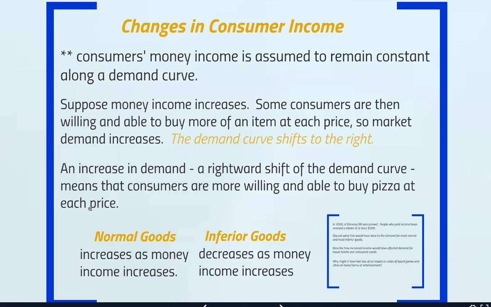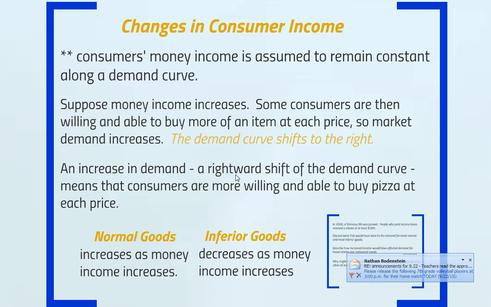An increase in demand, a rightward shift of the demand curve, means that consumers are more willing and able to buy pizza at each price. So we have normal goods and inferior goods. Normal goods increase as money income increases, and inferior goods decrease as money income increases.